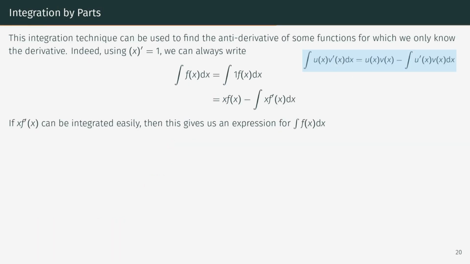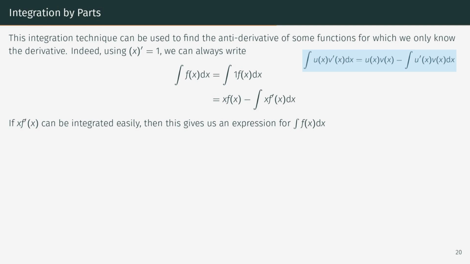Integration by parts can be used to find the antiderivative of some functions for which we only know the derivative. If we let x prime be equal to 1, then we can always write that the integral of f of x dx is equal to the integral of 1 times f of x dx.